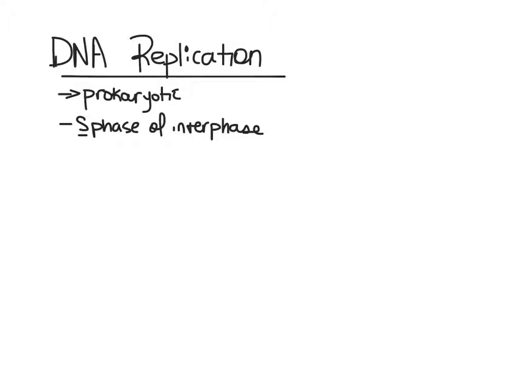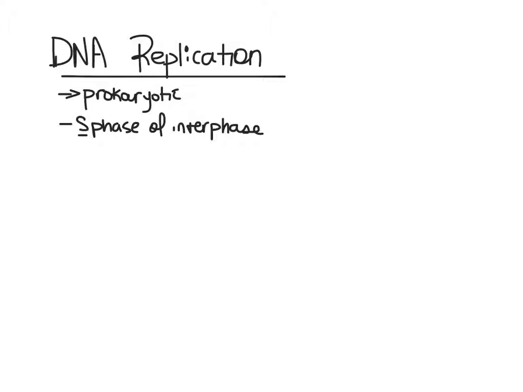So remember, it's in the S phase where this is taking place. And DNA is a pretty massive molecule made up of many, many base pairs. And so you have to remember that all of this does take time.